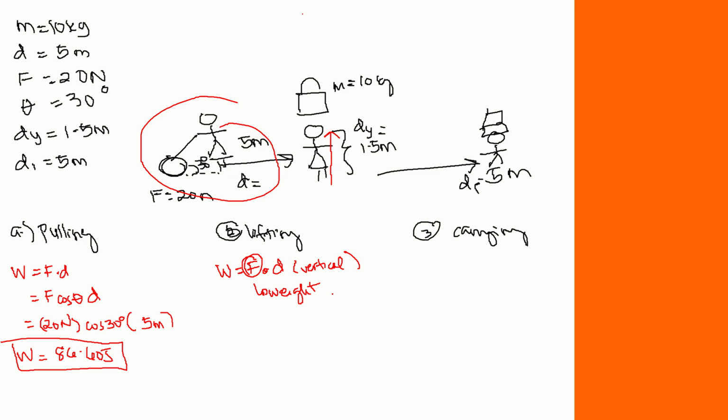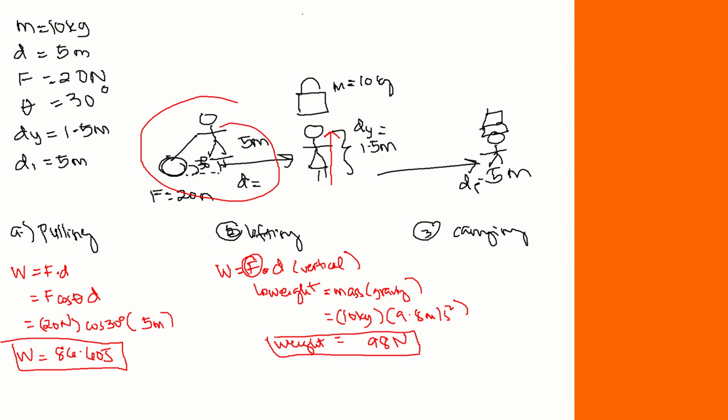So, remember that weight is just mass times your gravity. So, basically, the mass is 10 kilograms multiplied by, ano nga yung gravity? 9.8 meters per second squared. So, the weight of the bag is 98 newtons. Okay, so ito yung gagamitin natin na force for the lifting part.